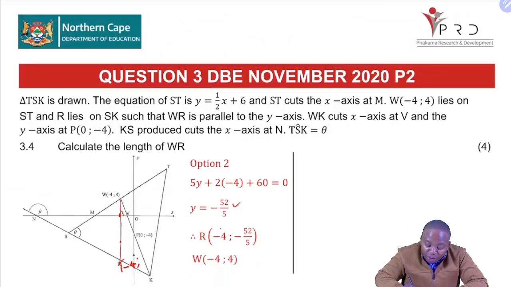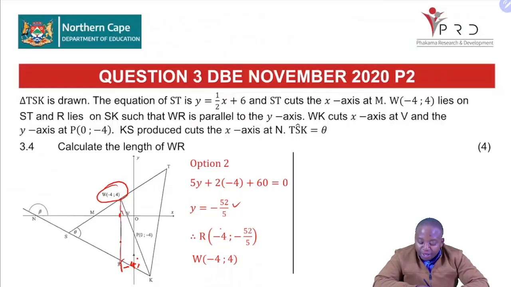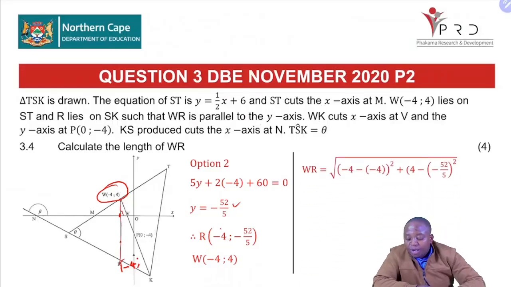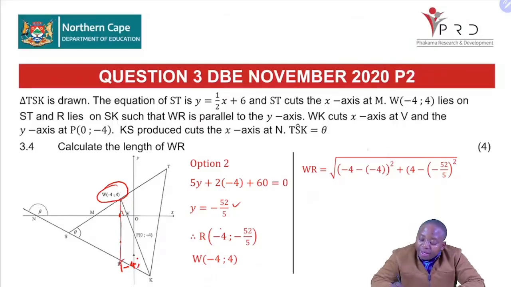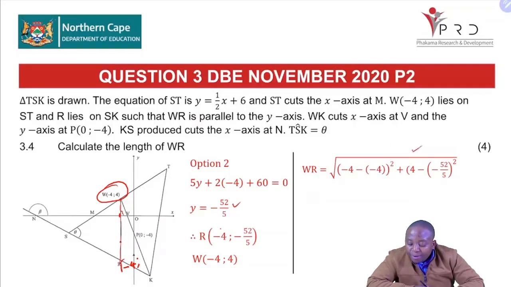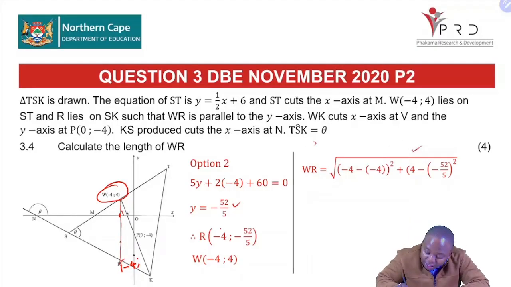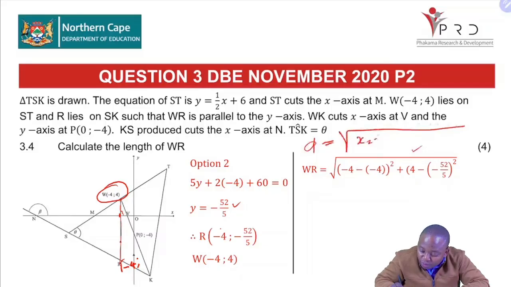Thereafter, I know that my W was given as -4 and 4. Then what do I do from here? I can use my distance formula for WR. Remember, the distance formula is given to us in the formula sheet, and it is as follows: D equals the square root of (x2 minus x1) squared plus (y2 minus y1) squared.